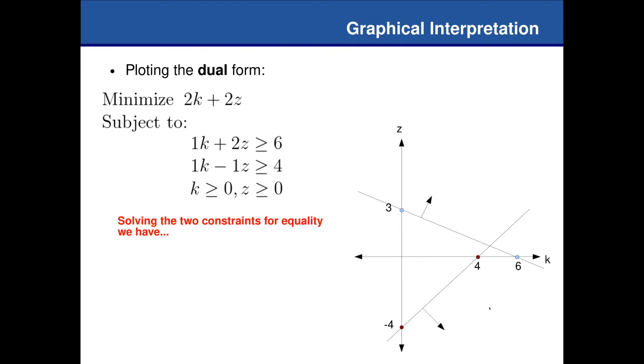So after drawing this, just find where we still have k greater than or equal to 0 and z greater than or equal to 0. Where is my feasible set? It is here. Actually, it goes to infinity over here, in terms of k, sorry, that's my bad in terms of my drawing.